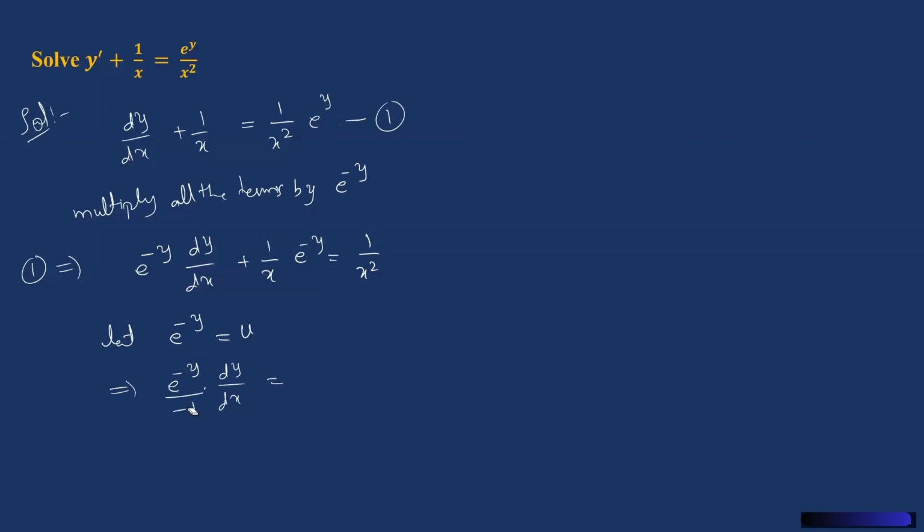So minus e power minus y into dy by dx is equal to du by dx. But here we have only e power minus y into dy by dx, and we don't want this minus sign on the left hand side. So I'm writing it this way: e to the power of minus y into dy by dx is equal to minus du by dx.